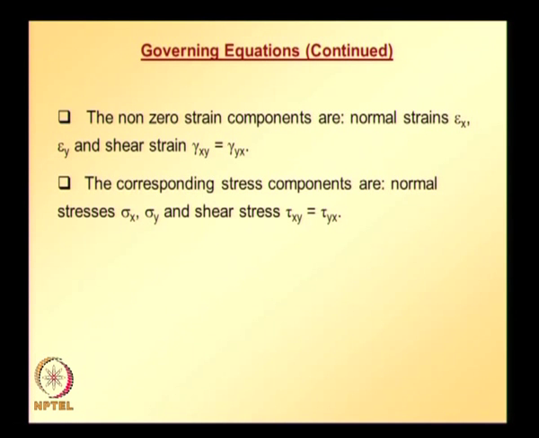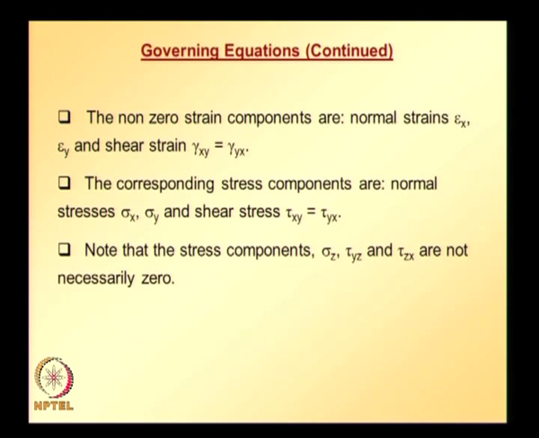Again, out of plane strain components are 0 for the plane strain case, but out of plane stress components are not necessarily 0. Note that stress components sigma z, tau yz and tau zx are not necessarily 0.